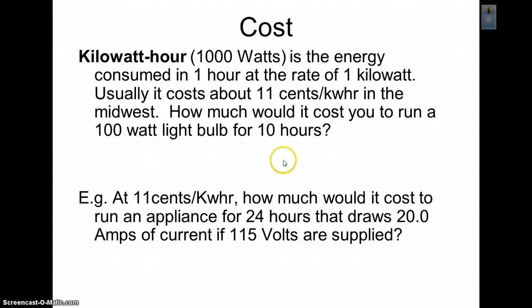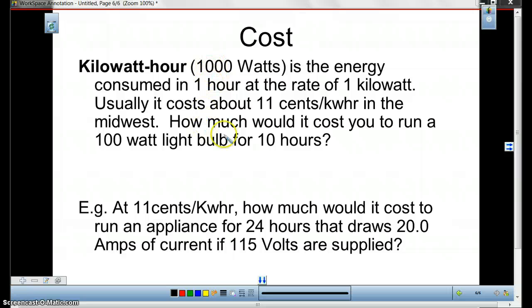Cost is based on a kilowatt hour, and it's the energy consumed in 1 hour at the rate of 1 kilowatt. Usually it costs about 11 cents per kilowatt hour in the Midwest. So if you had to find out how much it cost for you to run a 100-watt light bulb for 10 hours, that would be 1 kilowatt, right?